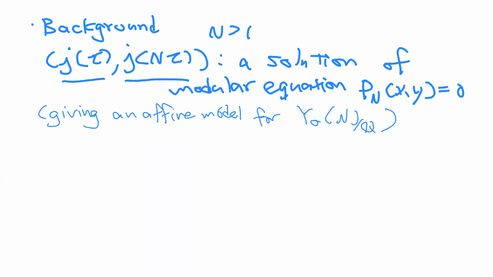All right, what Birch noted is from the classical results of class field theory. Let's say K is an imaginary quadratic field, a quadratic extension.